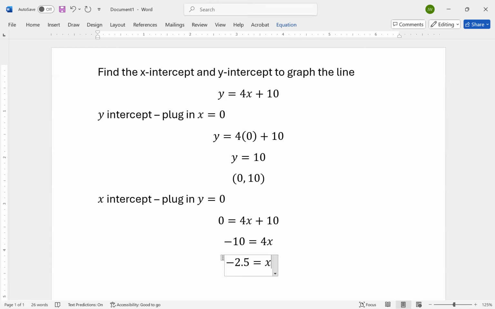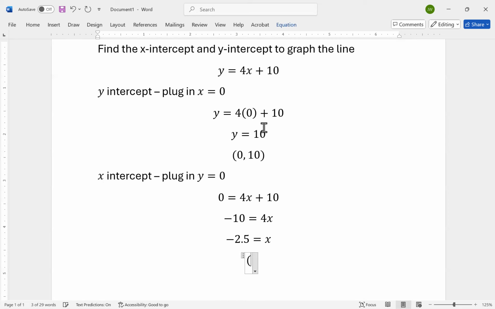You can also write that as -10 over 4 or -5 over 2. And that means that the x-intercept is the point -2.5, 0.